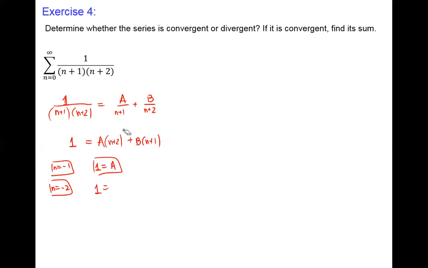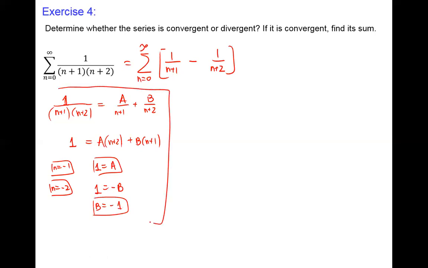Negative 2 plus 2 is 0, a is gone, but negative 2 plus 1 is negative 1 times b, negative b, which means b is negative 1. Okay, that means it works: 1 over n plus 1 minus 1 over n plus 2. Now I definitely see the method of difference. We did have extra work finding the partial fractions.